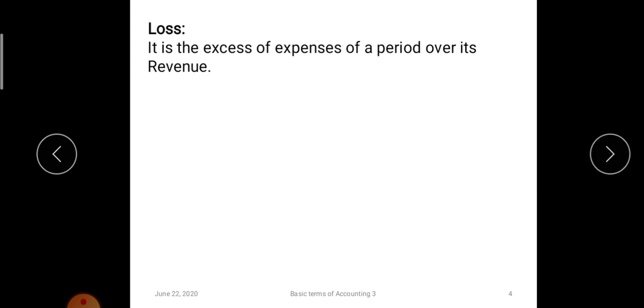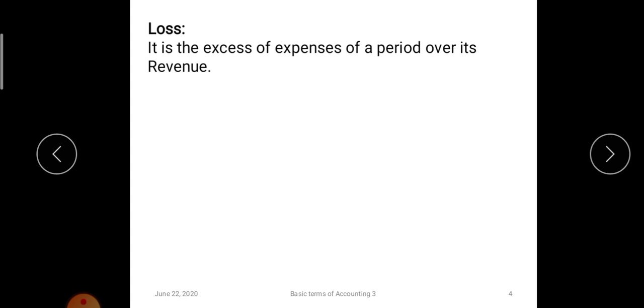Loss is the excess of expense of a period over its revenue. If expenses are more, then the firm will suffer loss. Sometimes no benefit is received, like amount is spent and no services or goods or items are received, so it will also be treated as loss.